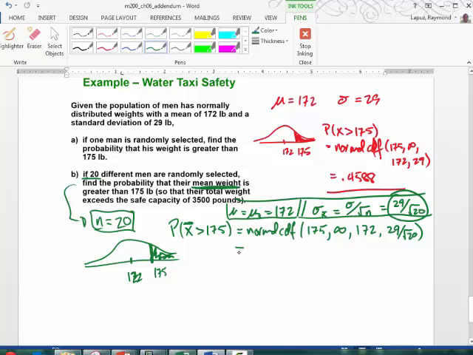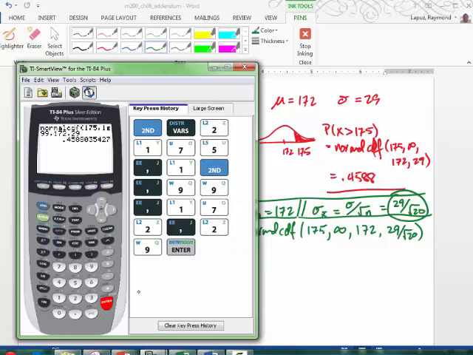So let's punch this into our calculator. We're essentially going to have the same setup that we had before. Normal CDF, 175, 1E99. And then our mean is 172.